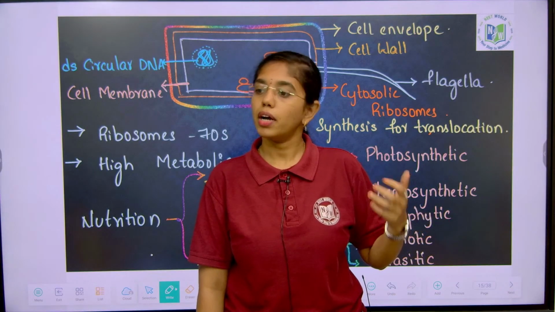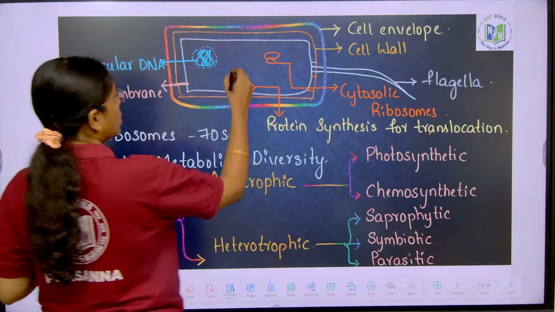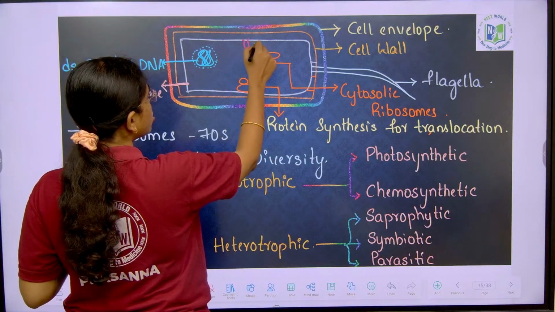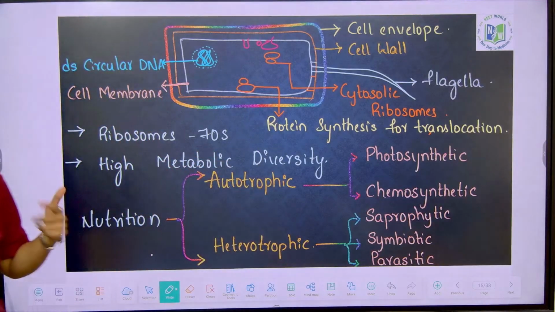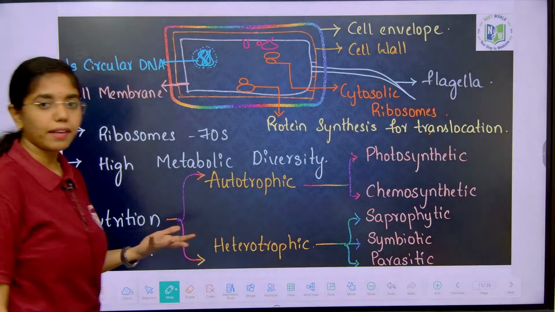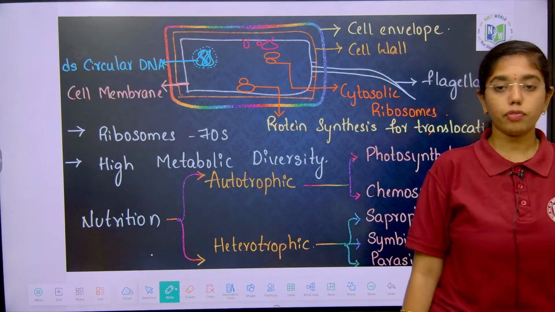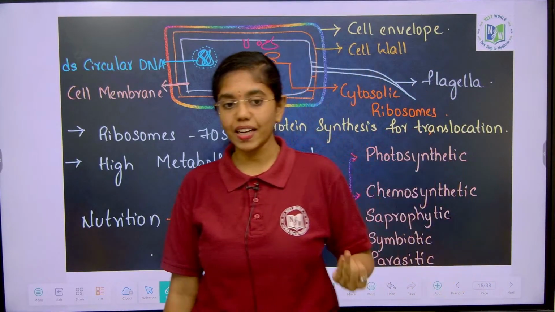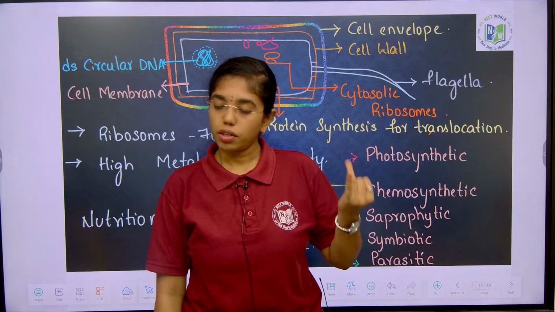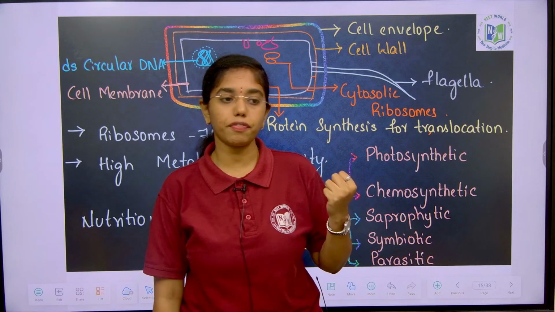Glycocalyx can be of capsule and slime layer. And this cell membrane will have what extensions? Tubular, vesicular or lamellar extensions known as what? Mesosomes. Can you tell me the diverse functions of mesosomes we have discussed? Cell wall formation, respiration, secretion, formation of new daughter cells, increase in the surface area.